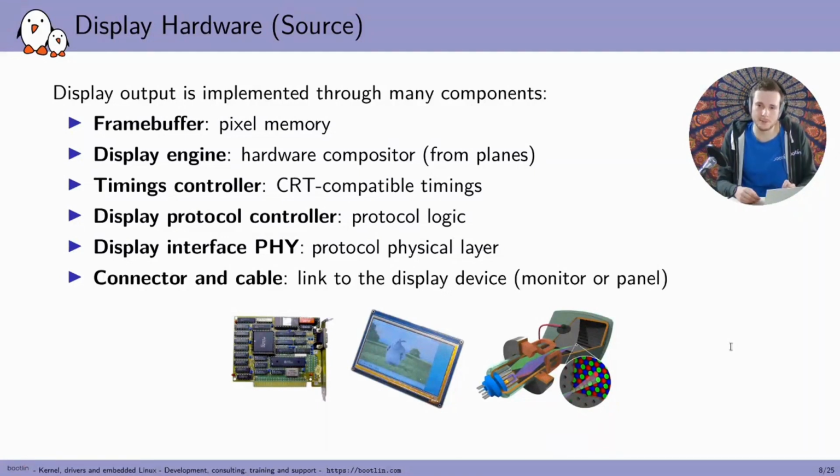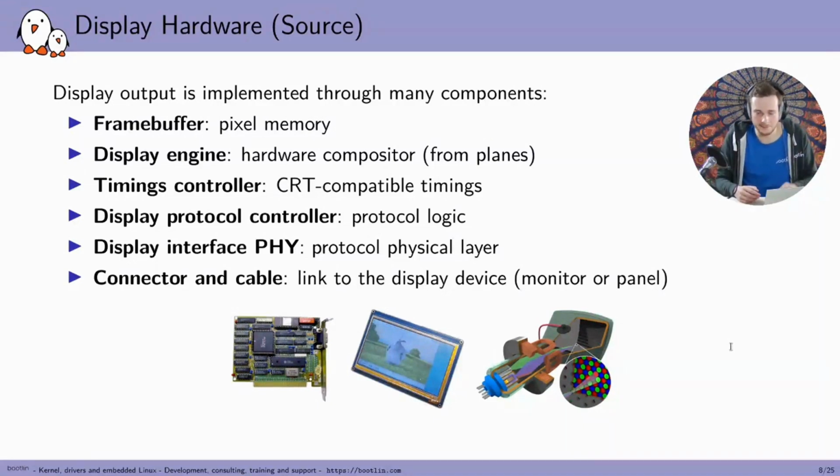This is important to be backwards compatible with the cathode ray tube monitors, which required very specific timings to be able to drive the electron gun that would be sending the pixels on the phosphorescent screen that kind of recreates the light. So nowadays, all of the display hardware is still backwards compatible with that. So we have very specific timings that need to be respected.